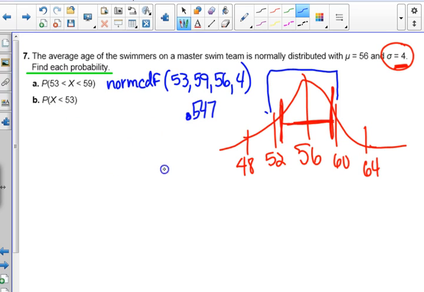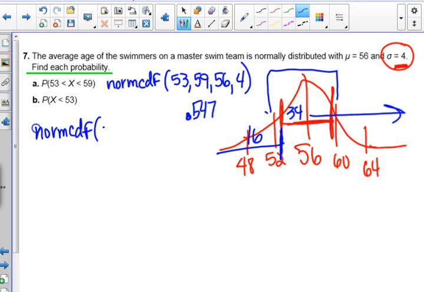Okay, less than 53. If I look up here at my graph, less than 53 should be what? If this is 34% and this is 50%, it should be about 16 down here. Okay, what are we going to type in if we're doing it this way? We could do 0 to 53.